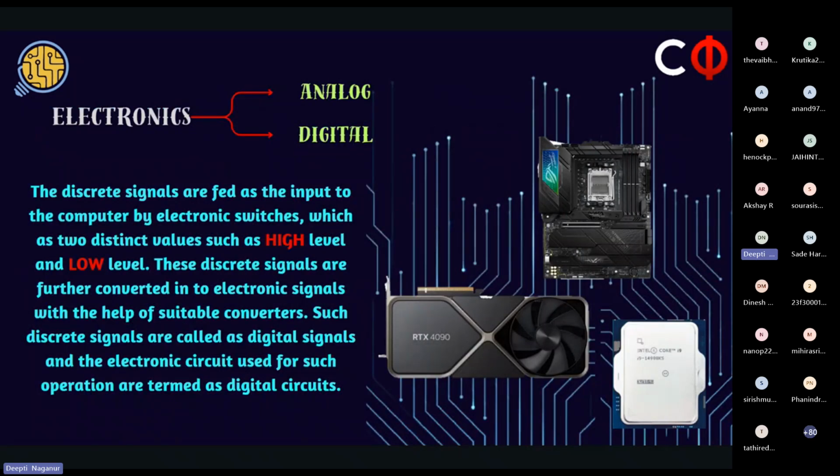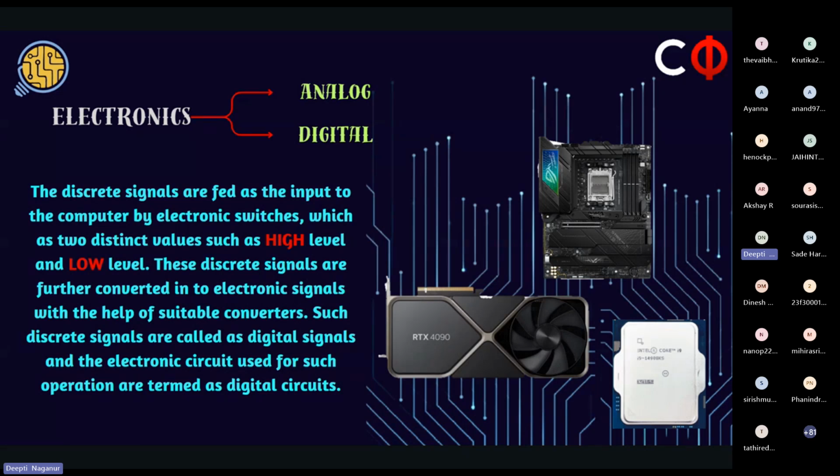So electronics are broadly divided into analog and digital. The discrete signals are fed as the input to the computer by electronic switches, which are two distinct values such as high level and low level. These discrete signals are further converted into electronic signals with the help of suitable converters.